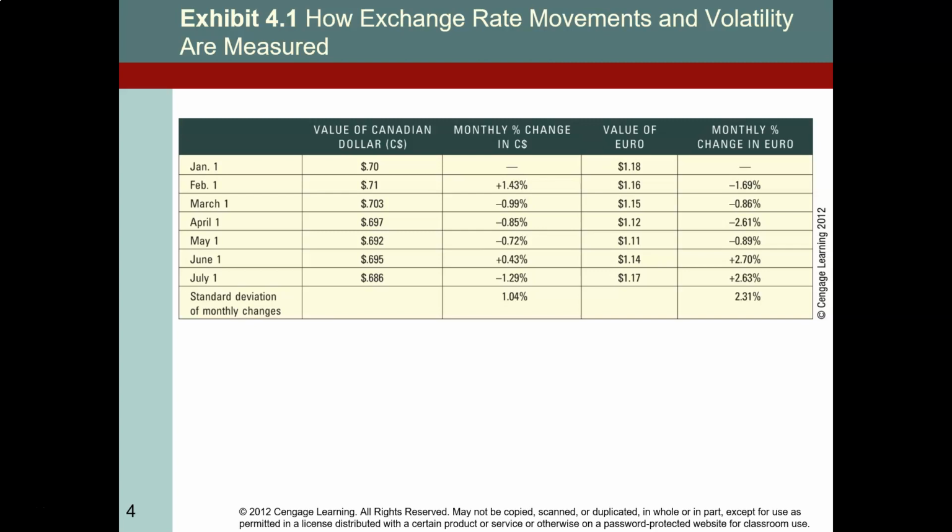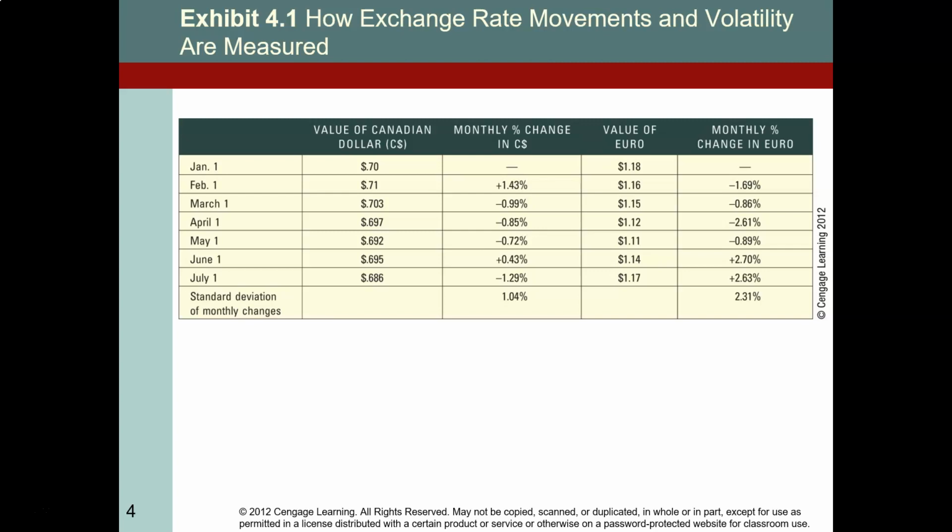So we could use 0.71 here minus 0.7 divided by 0.7. So we have this positive 1.43% here, meaning our Canadian dollar has appreciated. The value of Canadian dollar increased in the first month. So the percentage change here is positive.